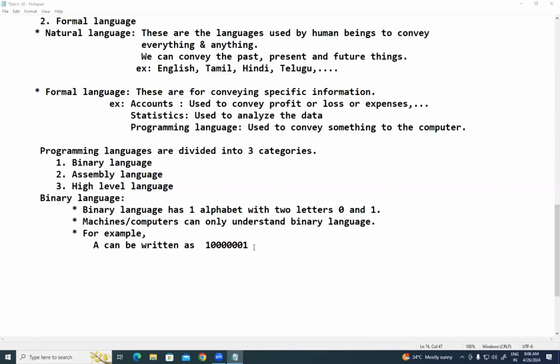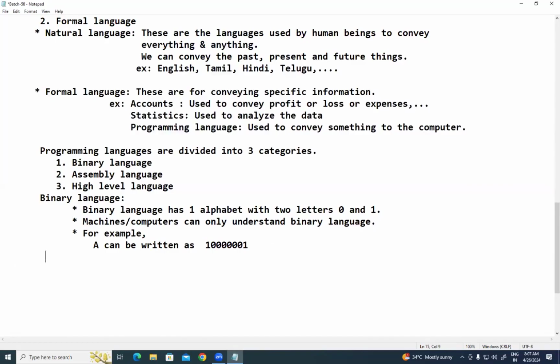Now tell me, if you want to write, suppose, apple, A we are writing like this. Now see how difficult it is to write apple, A P P L E. It takes a lot of space. First of all, is it possible for a human being to write the code in binary language? No, sir. If you are writing A like this, then how do you write apple, or how do you write banana? Am I right?